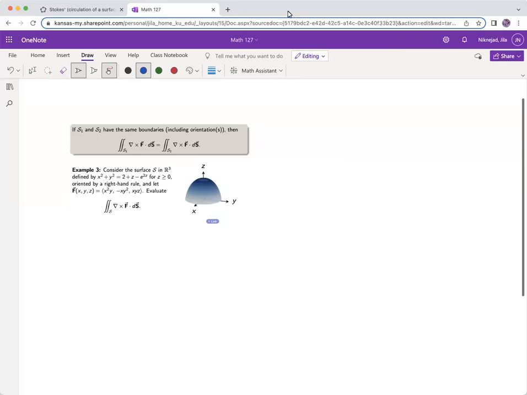In this lesson, we want to talk about a property of the surface integral of a curl.